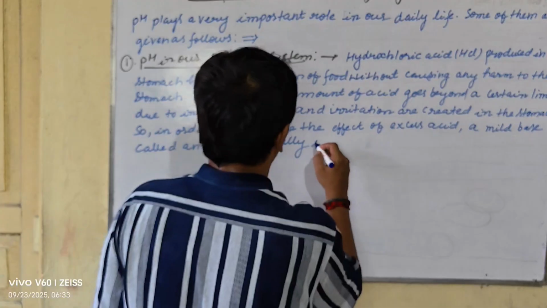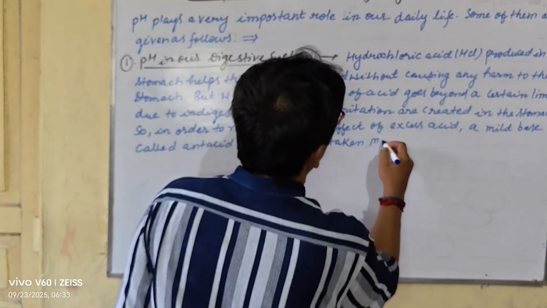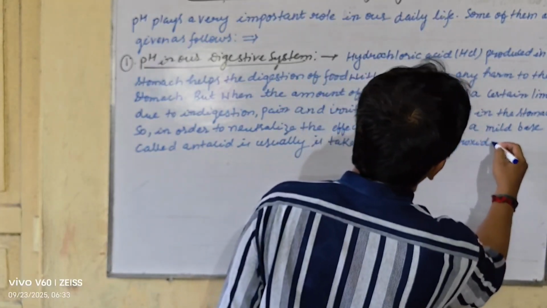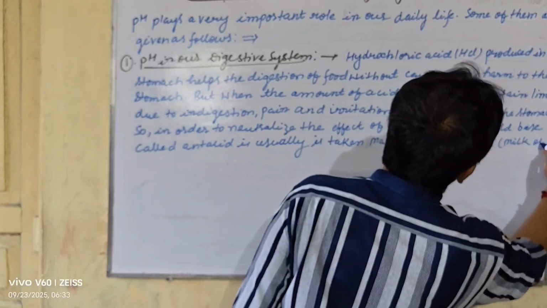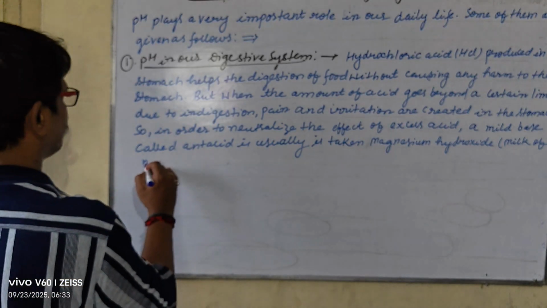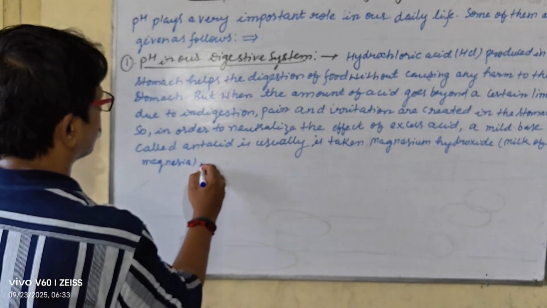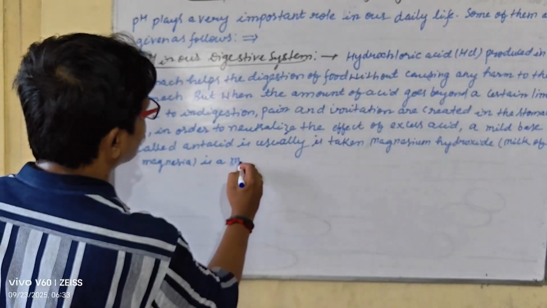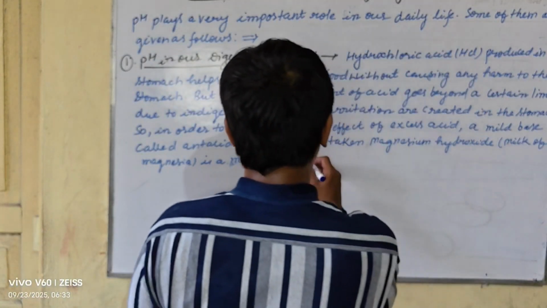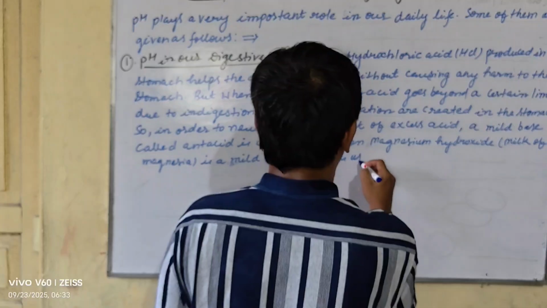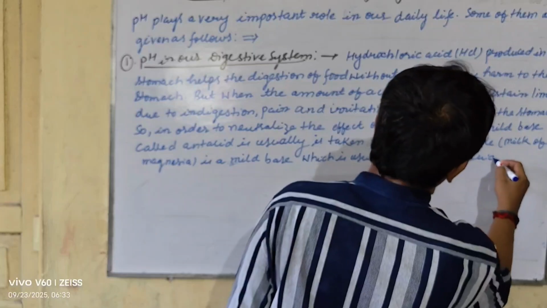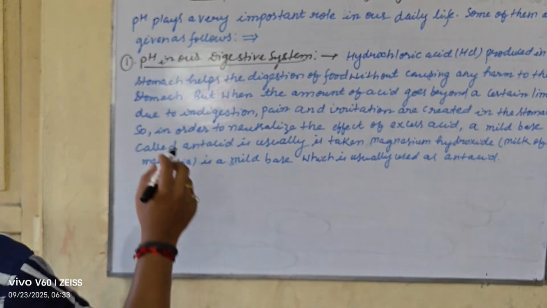Magnesium hydroxide, milk of magnesia, is a mild base which is usually used as antacid.